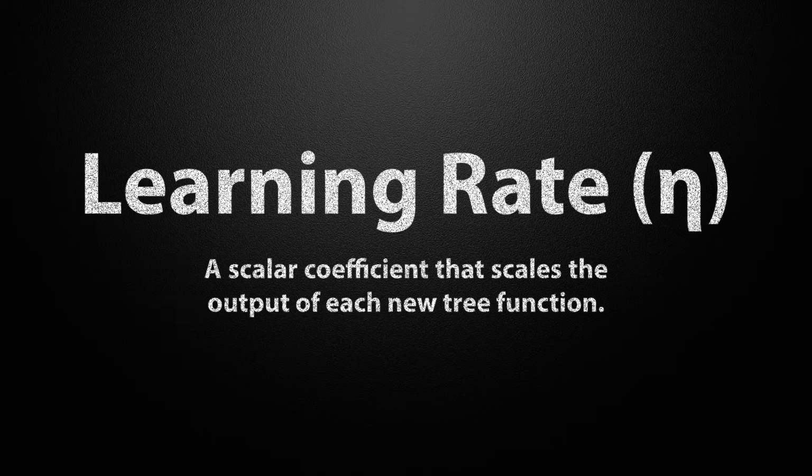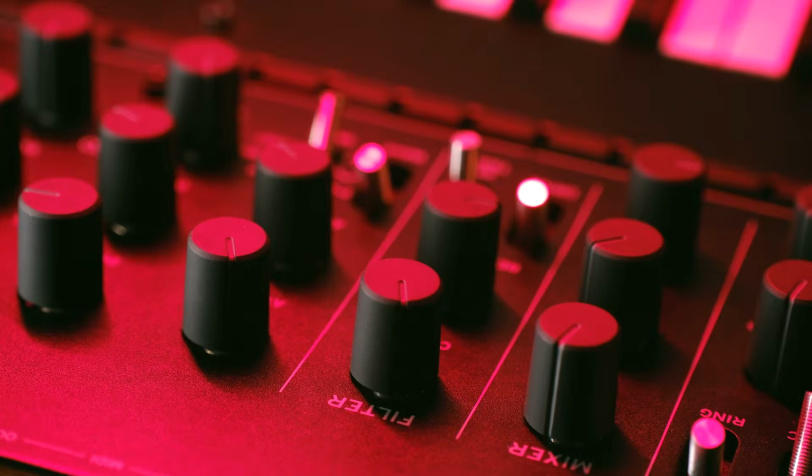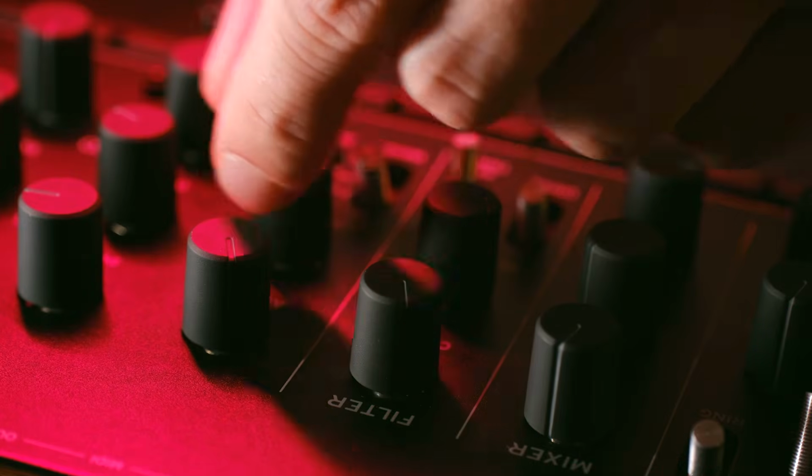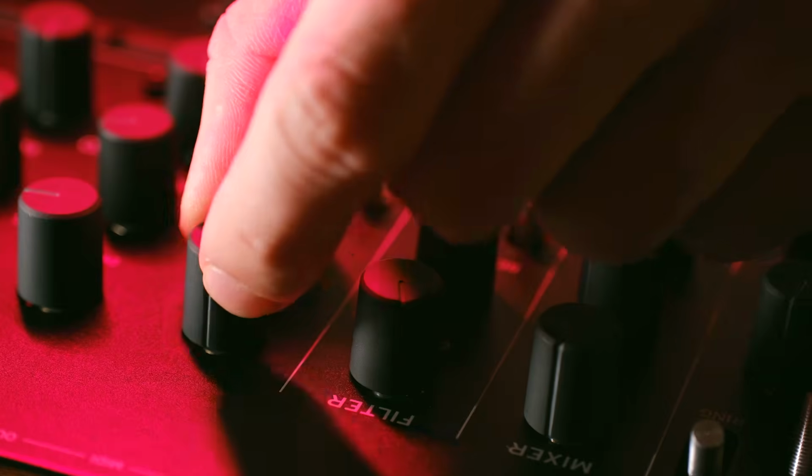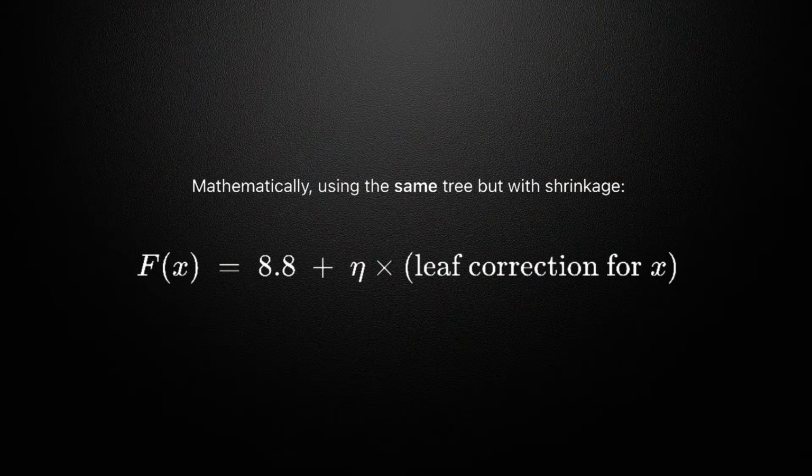Now, learning rate, which is also called shrinkage, and it's written as eta, is simply something that scales the correction before we add it. Think of it as a volume knob for each tree's contribution. Mathematically, using the same tree but with the shrinkage eta looks like the following.